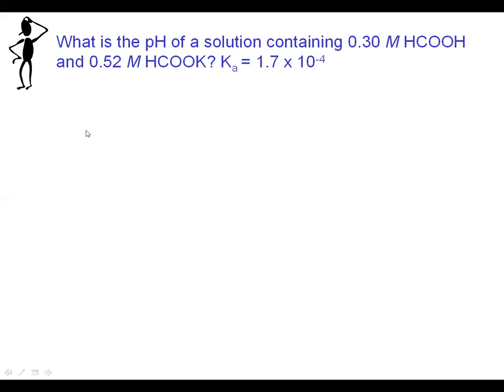In this case, we have 0.3 molar formic acid. We're also mixing it with 0.52 molar potassium formate. And we have a Ka value, which would go with our acid, which is this one. We should hopefully be able to recognize that as an acid. This one is lacking the extra H plus.